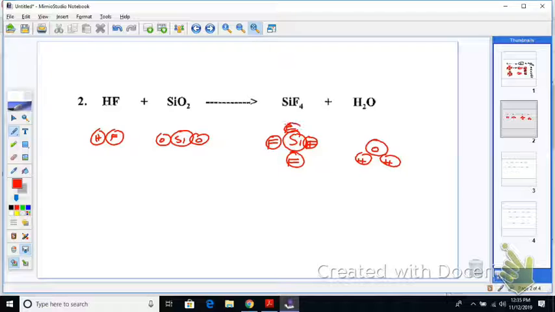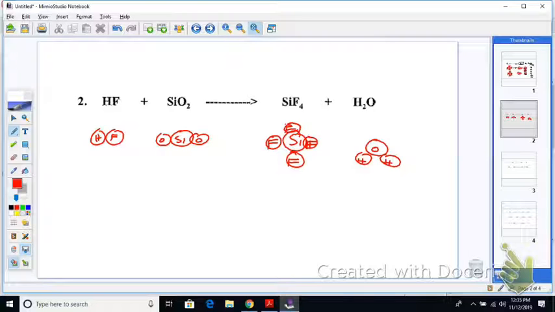Okay? So, which one do you think we need more of? And on which side? HF on the left side. Okay, so just wait a second. What are you trying to get more of by putting HF on the left side?